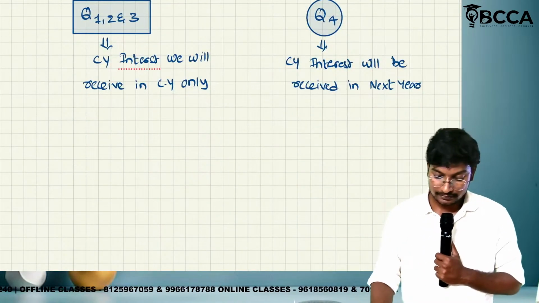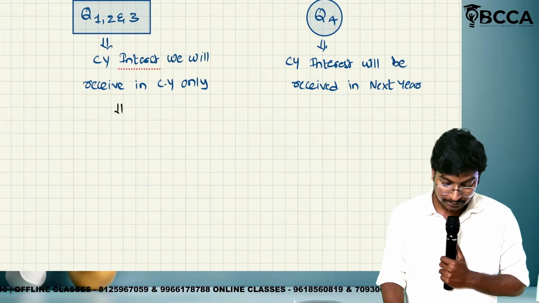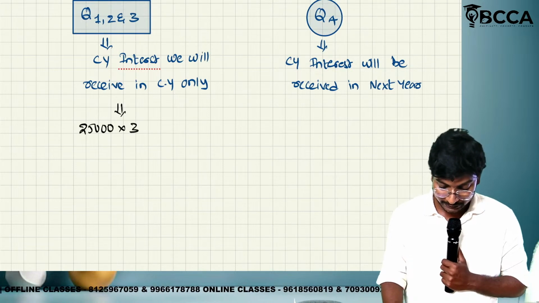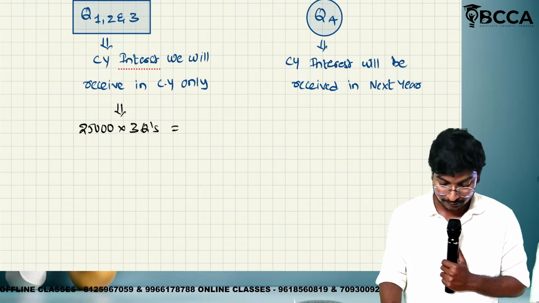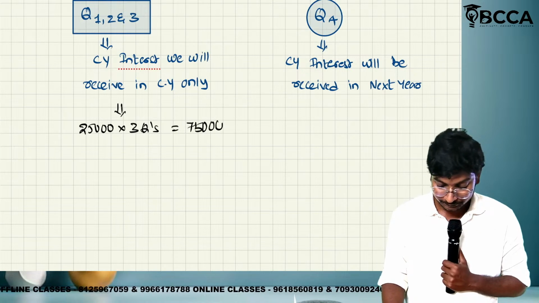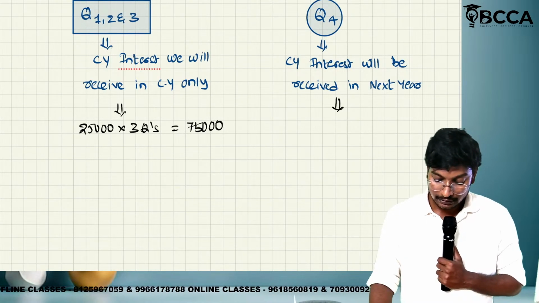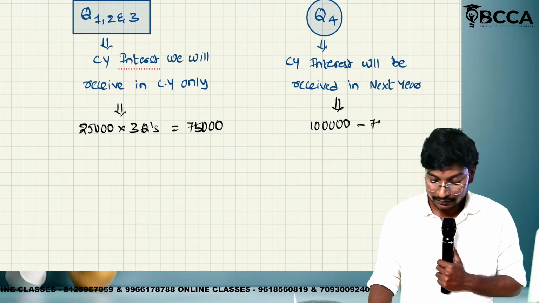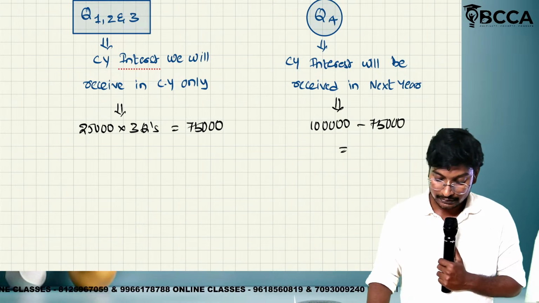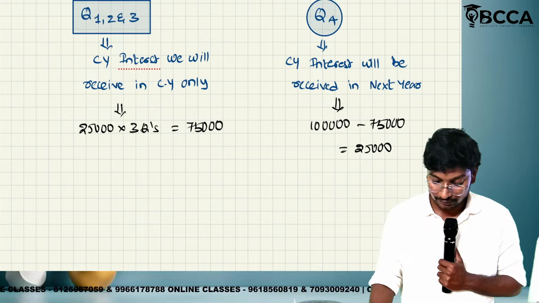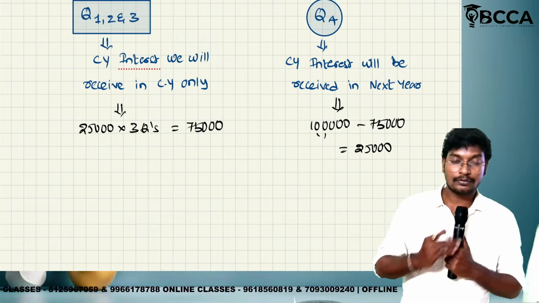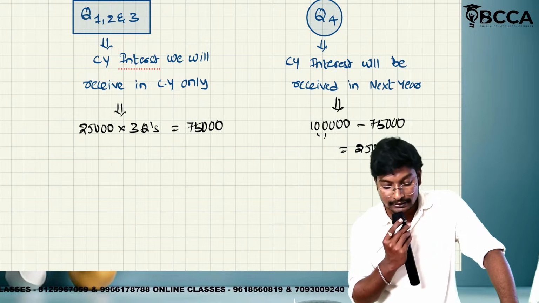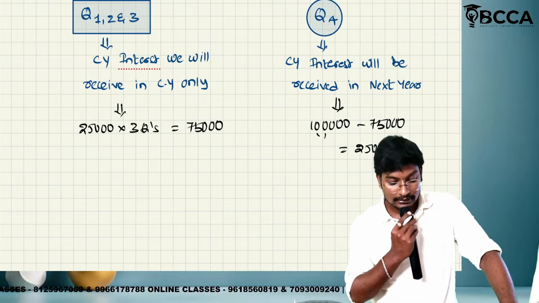So per quarter how much, ma? 25,000 into 3 quarters is equal to how much? 75,000. And what is the balance amount? 1 lakh minus 75,000 is equal to 25,000. Does this 25,000 belong to the current year or next year? It belongs to the current year, but we will receive it in the next year.